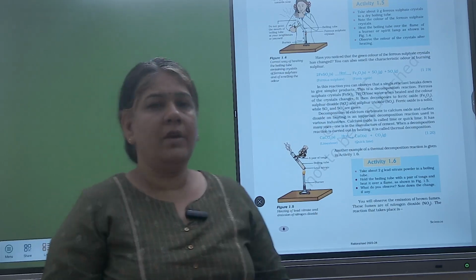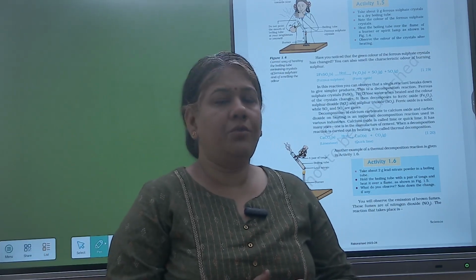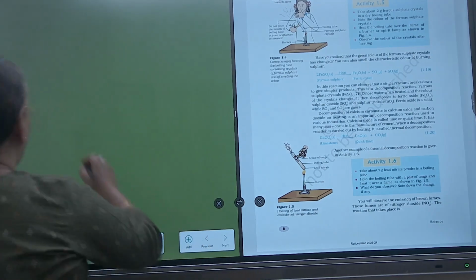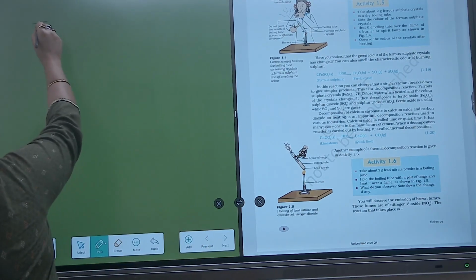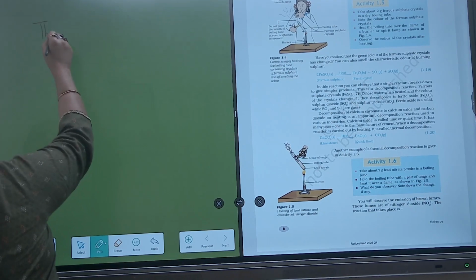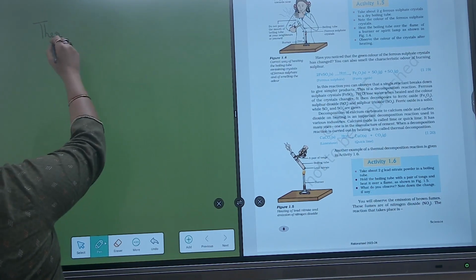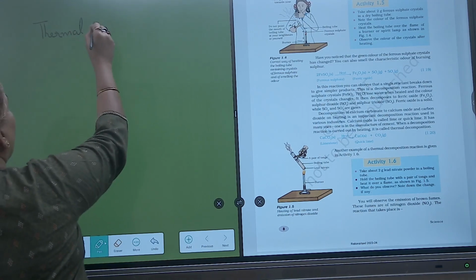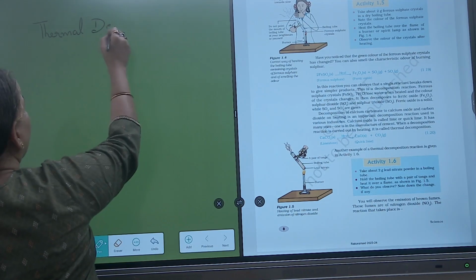When a decomposition reaction is carried out in presence of heat, we call it thermal decomposition. So first we will be studying the reactions which are carried out in presence of heat. It is called thermal decomposition reaction.